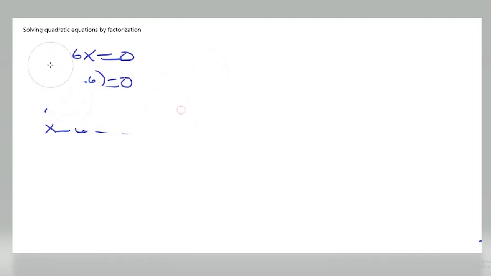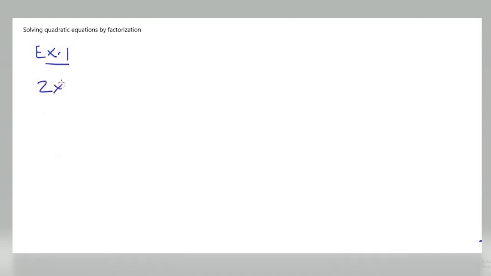Okay, now consider example number 1. Assume you are given 2x squared plus 6x is equal to 0. You are told to find the value of x.